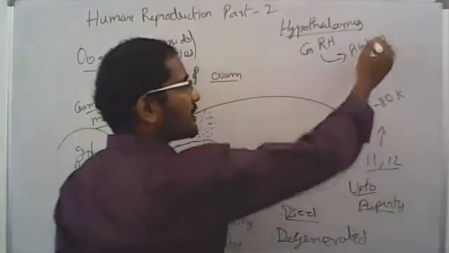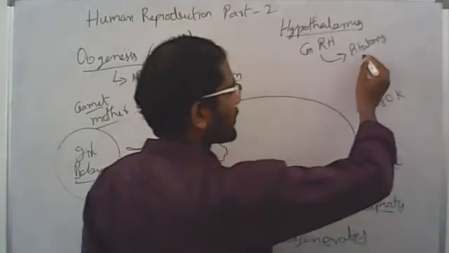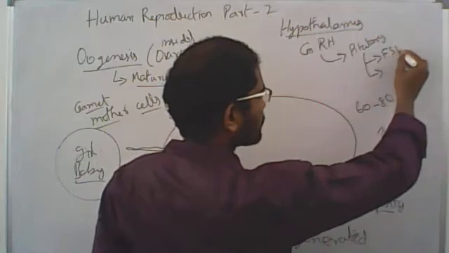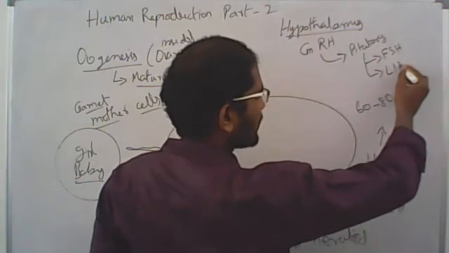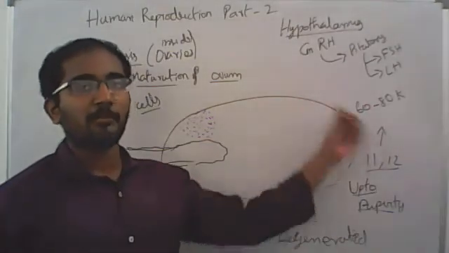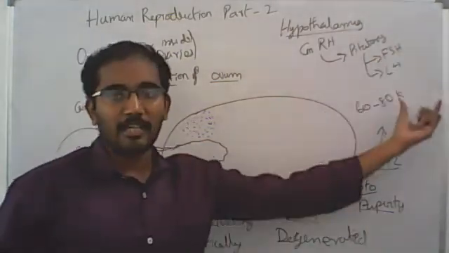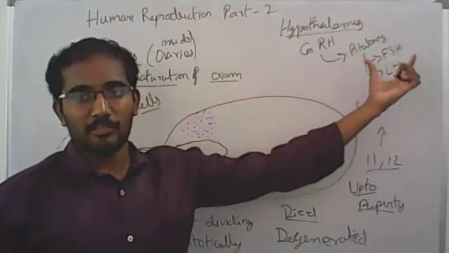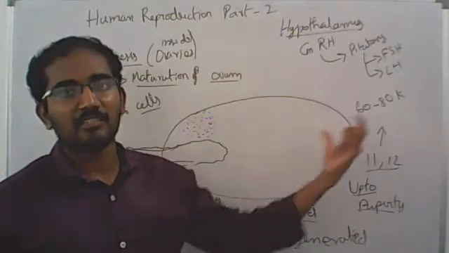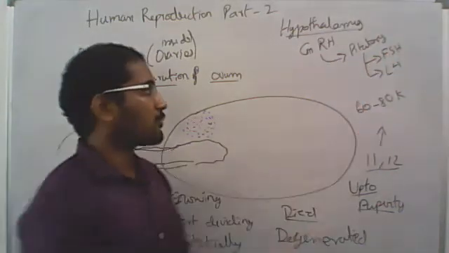The pituitary gland then starts producing follicle stimulating hormone and luteinizing hormone, the two important hormones involved in the reproductive system. We see the same hormone pattern in males also, but after this level it functions differently in the female system. Let's discuss one by one.